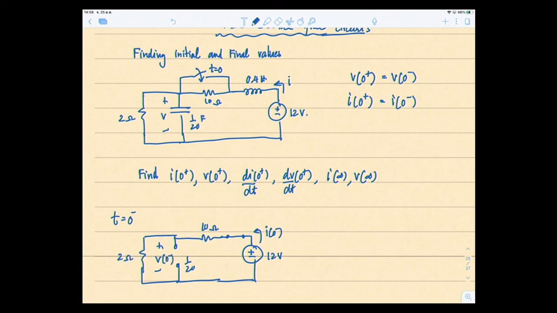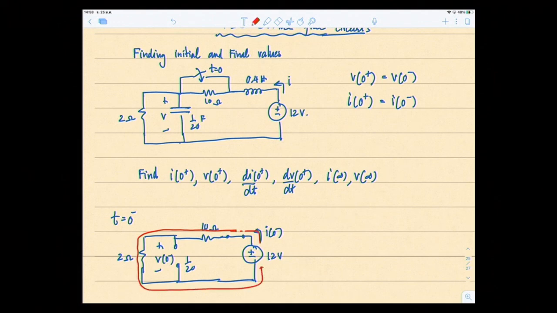So, my wonderful students, please use the knowledge you have learned for the past 20 topics to solve this. What is our i(0-) and v(0-)? Current comes out from the source's positive terminal, passes through 10 ohms, then 2 ohms, and goes back.